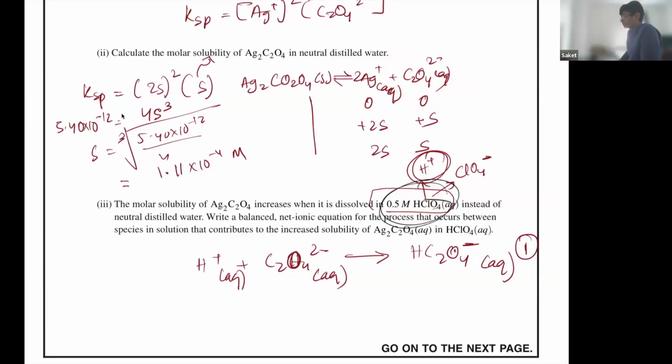What about if Ag reacts with ClO4 minus? Isn't perchlorate always soluble?